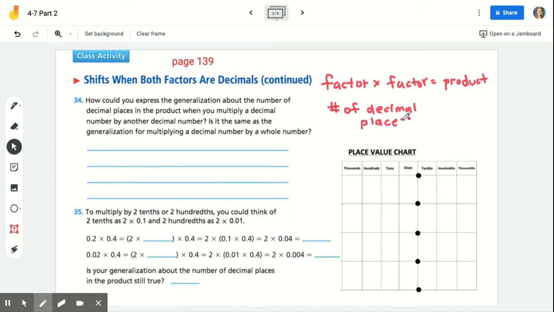So if both factors have decimal places, we count each of them and then we add them together. And that needs to be the same as the number of decimal places in our product. So equal to number of decimal places, and that again is in our product.